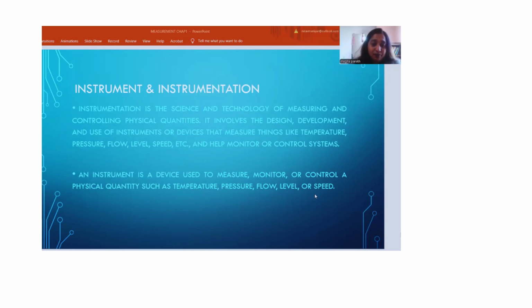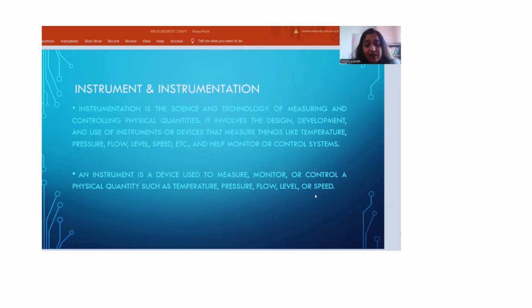So we all know it is the science and technology of measuring and controlling any physical quantities. We want to measure temperature, we use a thermometer, Bourdon tube. There are so many instruments we use in day-to-day life.